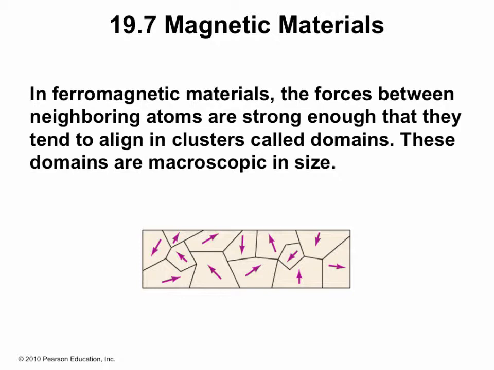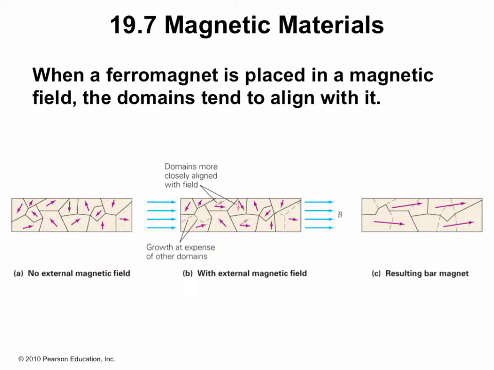However, if we apply a real magnetic field to that, in other words, we have this ferromagnetic material with a bunch of unaligned domains, and we apply a magnetic field to it, those domains will align themselves with the magnetic field, and then we'll make a magnet.